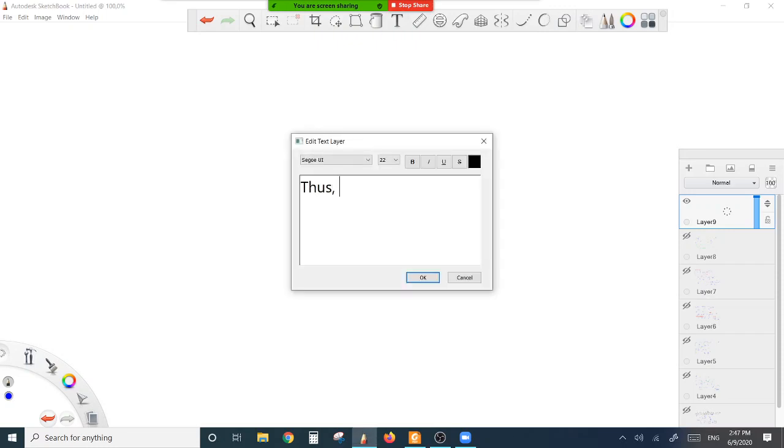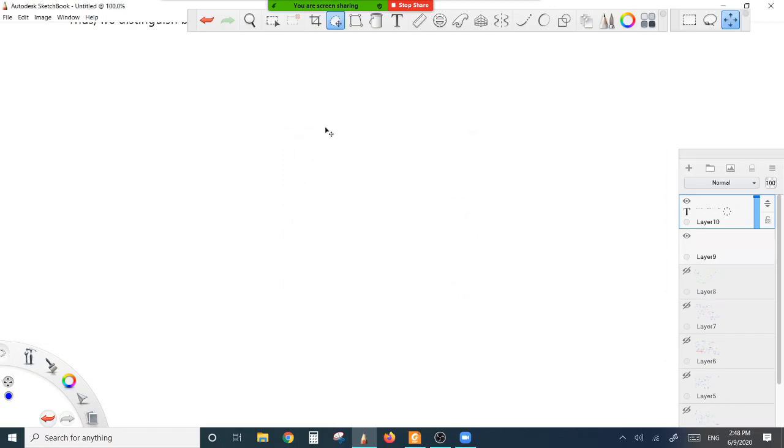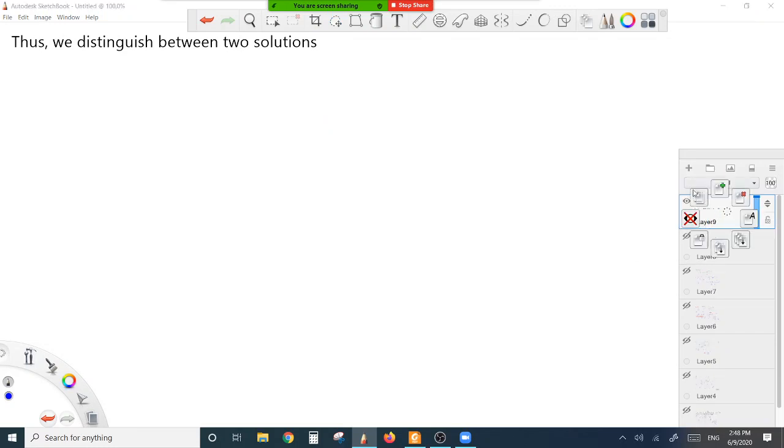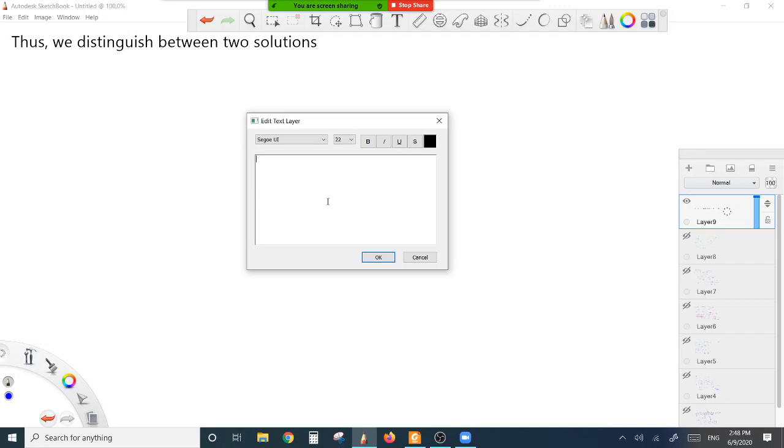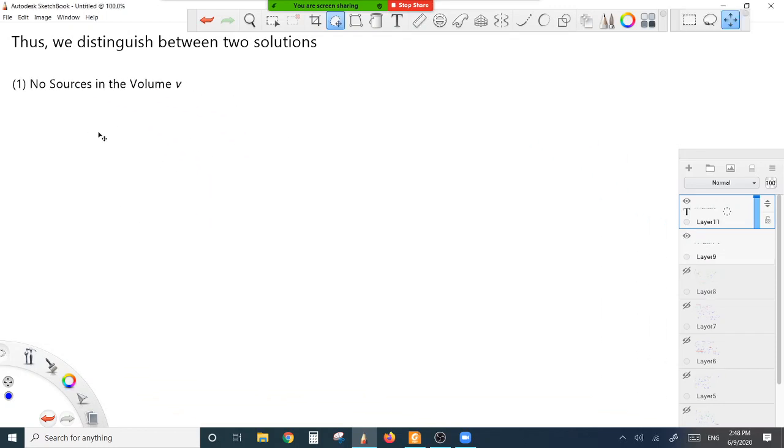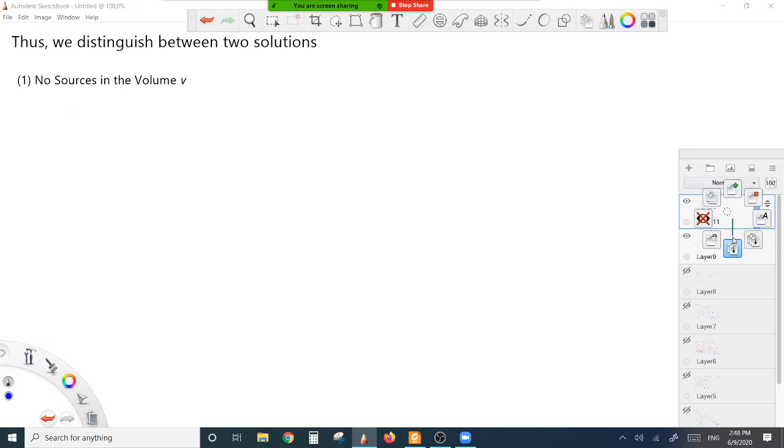First, no sources in the volume V. In this case, all sources are external to the volume.